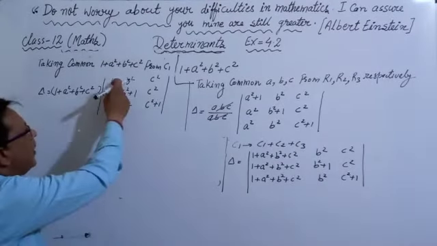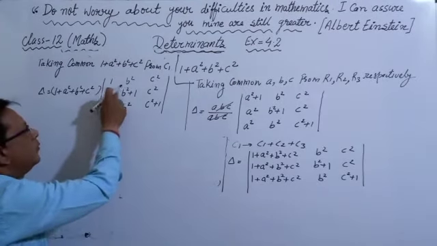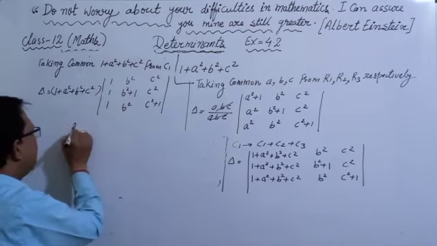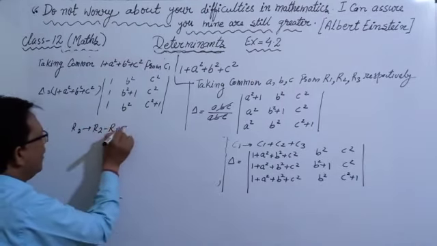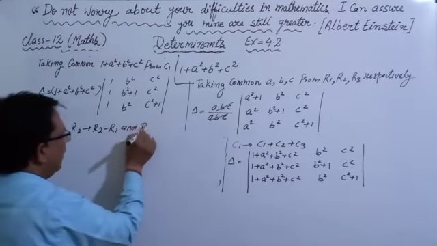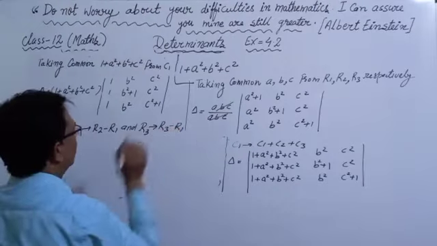We subtract R1 from R2 and R1 from R3, and we get two zeros. So R2 changes into R2 minus R1 and R3 changes into R3 minus R1.